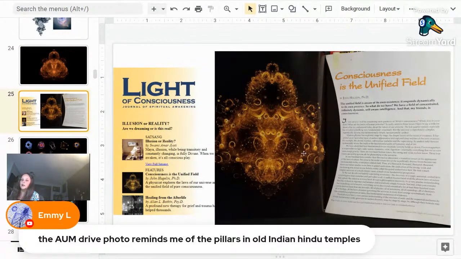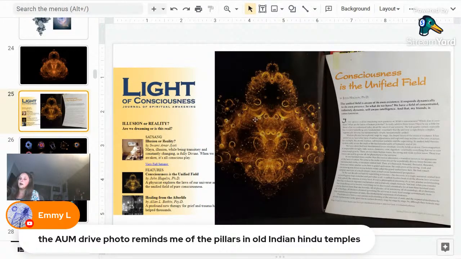There's a magazine called Light of Consciousness magazine that wanted to have one of my Buddhabrots many years ago. And so I sent them the image and they said, okay, we can't pay you, but we will send you a free copy of the magazine. And I said, fine.